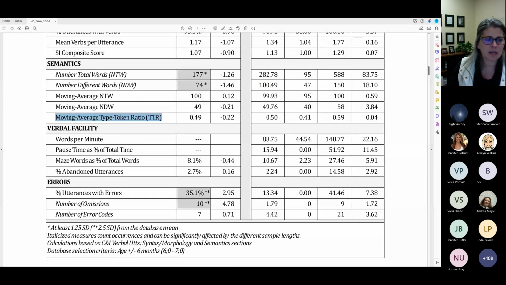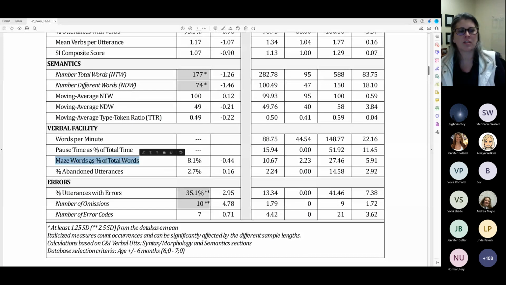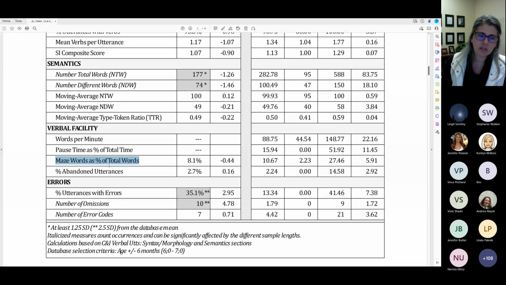Another one that sometimes comes up with kids with language disorders is this maze words as percent of total words. We know that kids with developmental language disorders or language disorders in general sometimes have a hard time organizing their thoughts. And so they may repeat themselves within a sentence, have things that they're inputting that end up getting mazed.